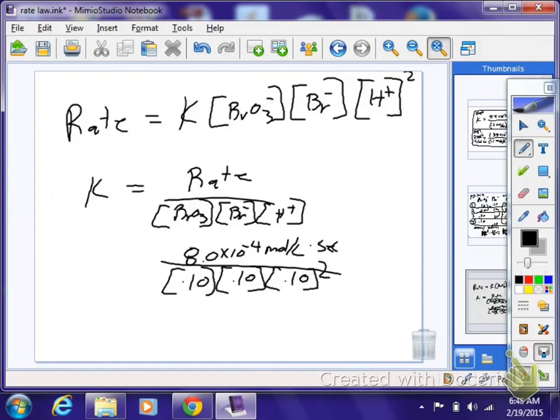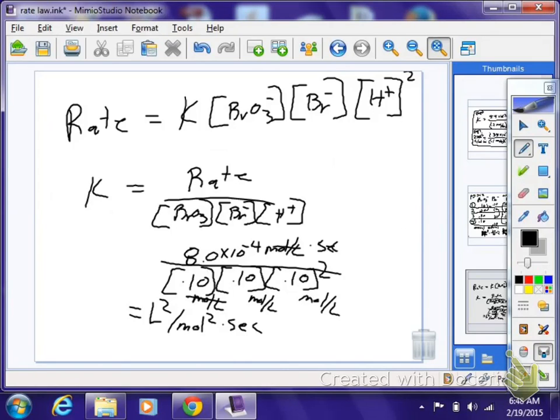So then I need to make sure I put my units in here to kind of show you how that works. So I'll put each one of these moles per liter. Okay? So the 1 mole per liter cancels out. And what we're going to end up with when we do this is molarity times molarity. So the liters would be squared on bottom. The moles would be squared on bottom. So then our actual units, when we come up with an answer, we'll do the units first, would be liters squared over moles squared times seconds.